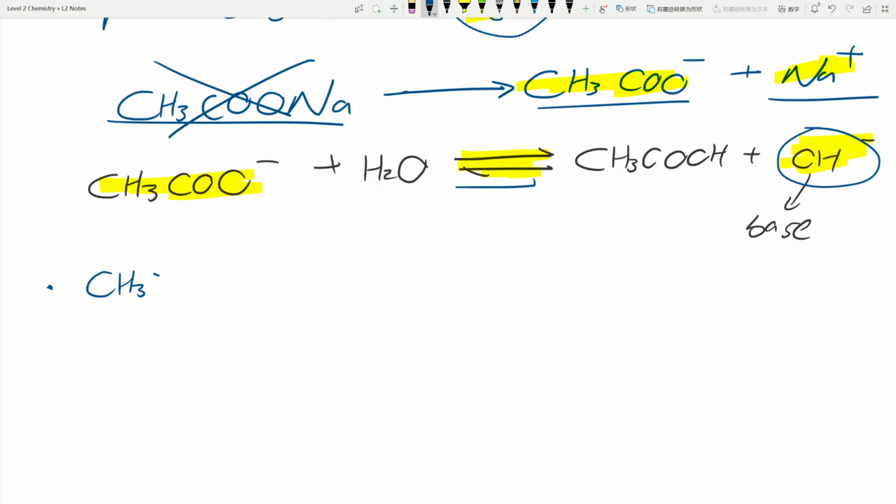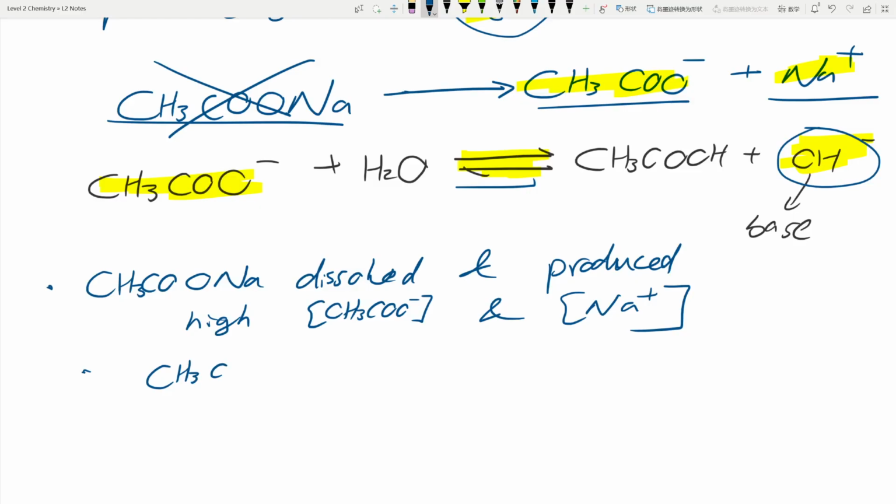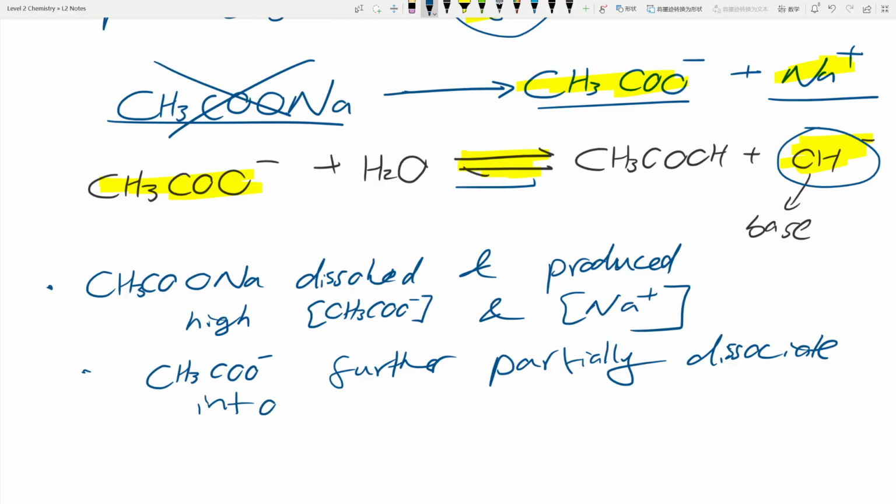The CH3COONa dissolved and produced a high concentration of CH3COO minus and a high concentration of Na plus, and then the CH3COO minus further partially dissociates into CH3COOH and OH minus.